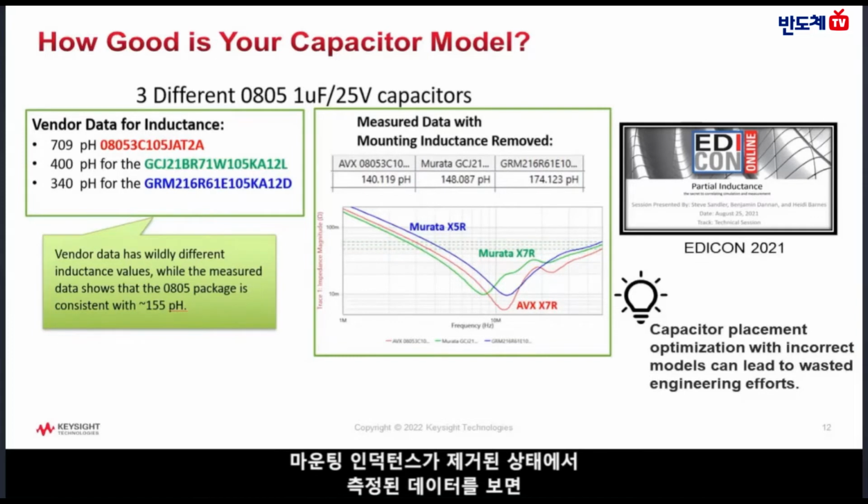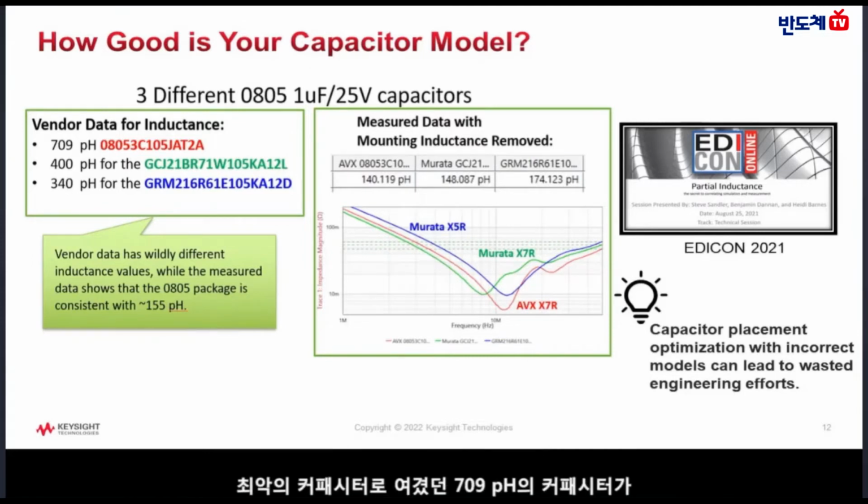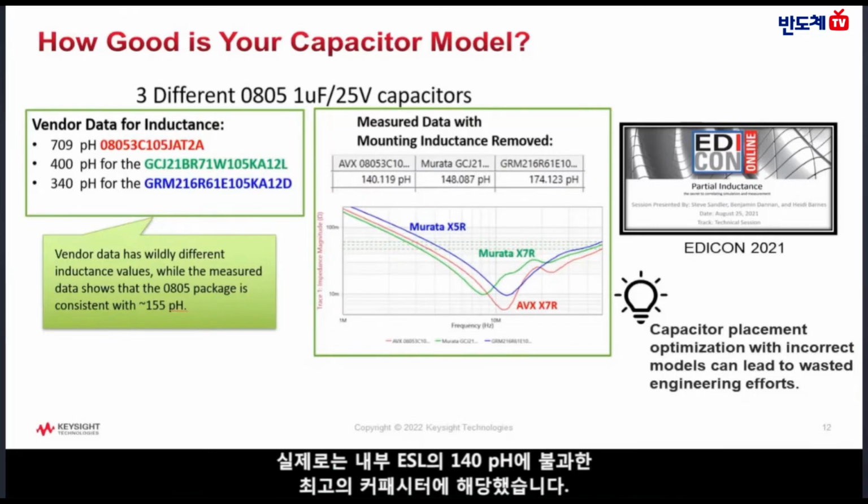The measured data with mounting inductance removed shows that there is less than 40 picohenries of difference between these 3 0805 capacitors, and that what we thought was the worst capacitor with 709 picohenries is actually the best capacitor with only 140 picohenries of internal ESL.